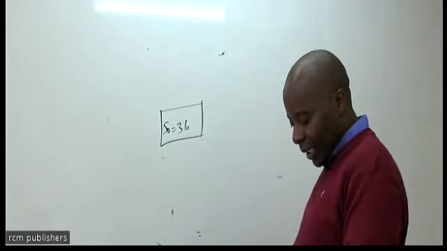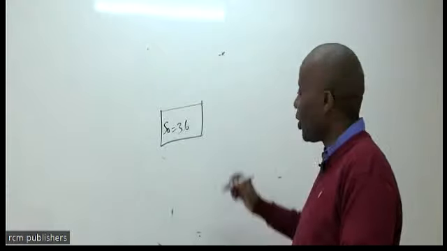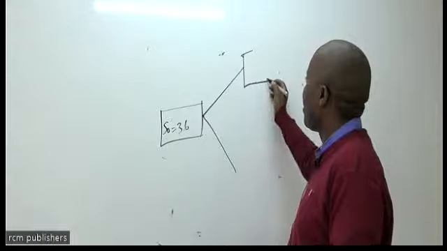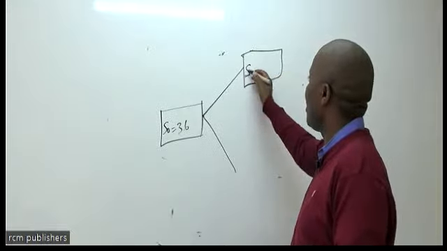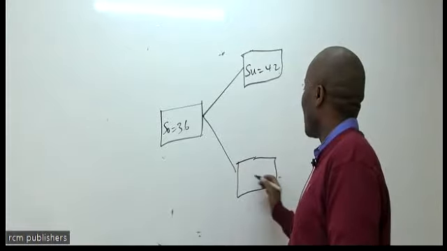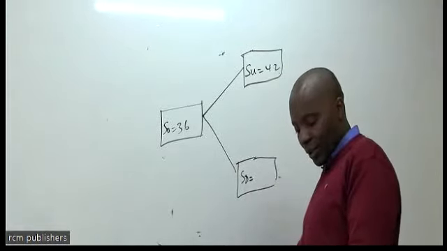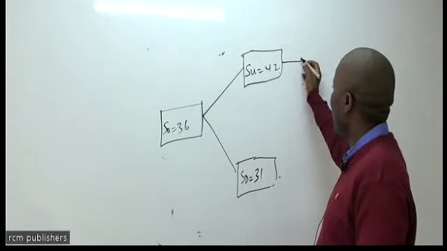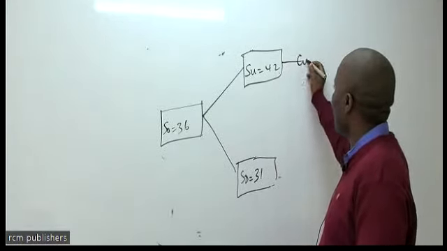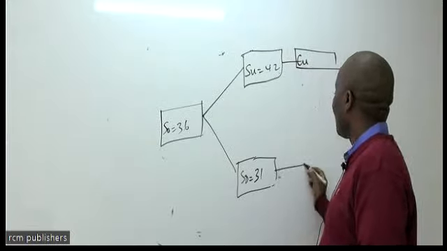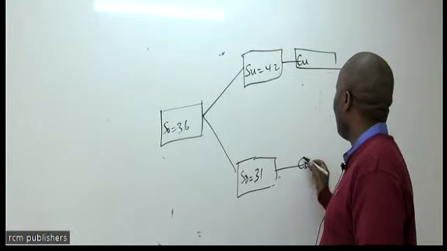And then in the next 6 months, the stock price will either increase to 42. So if it is upward motion, it will be 42. S down will be 31. So come and give me the Cu and the C down.